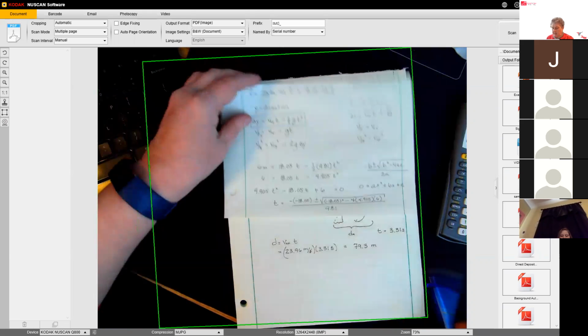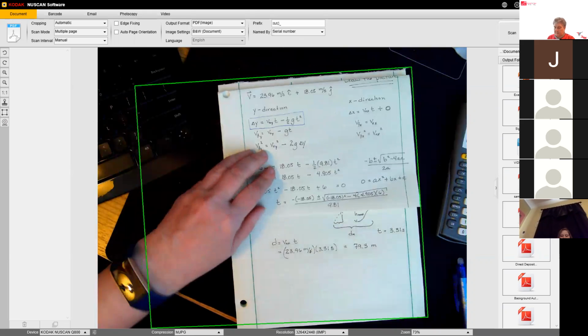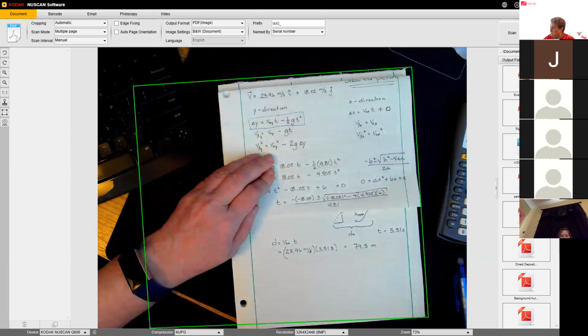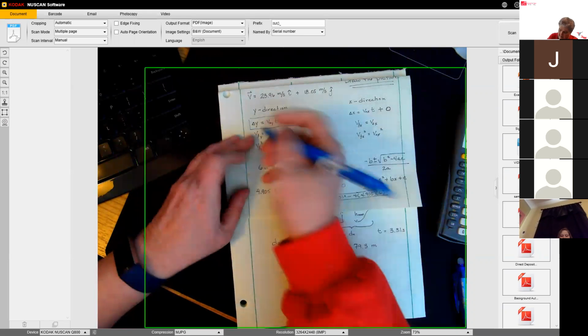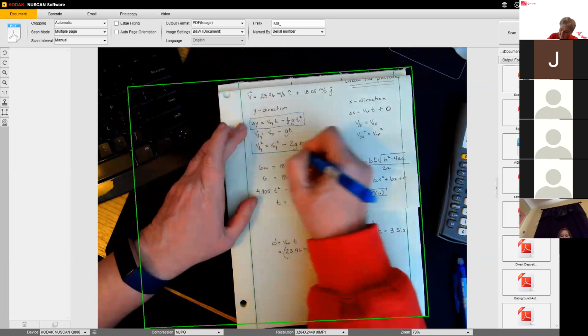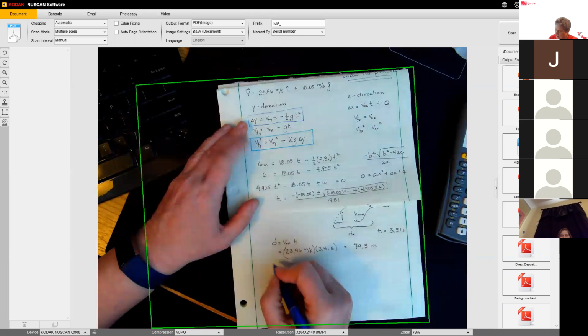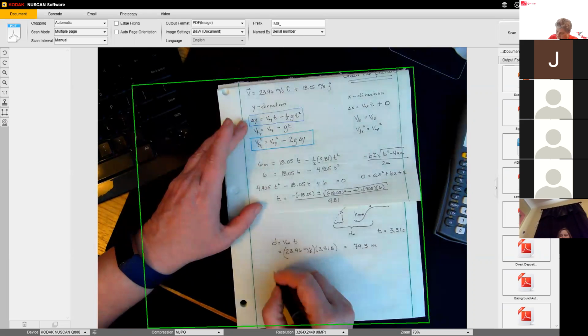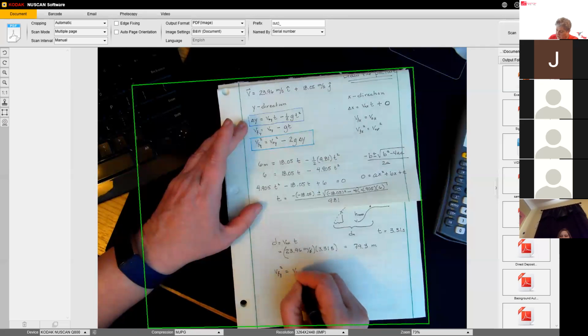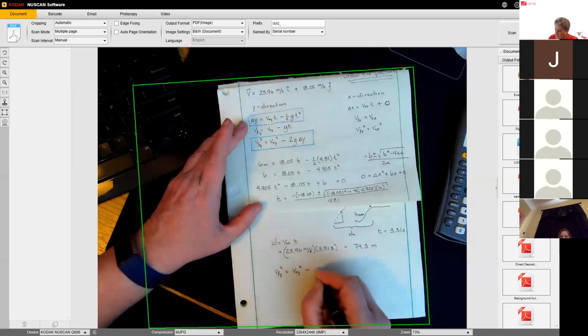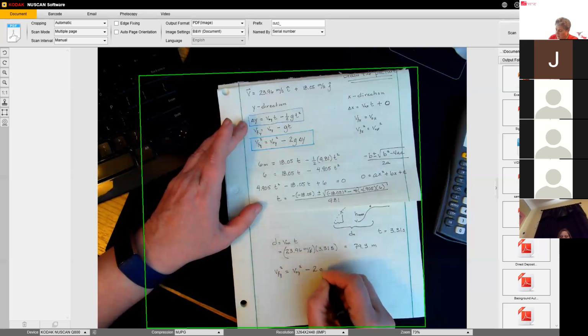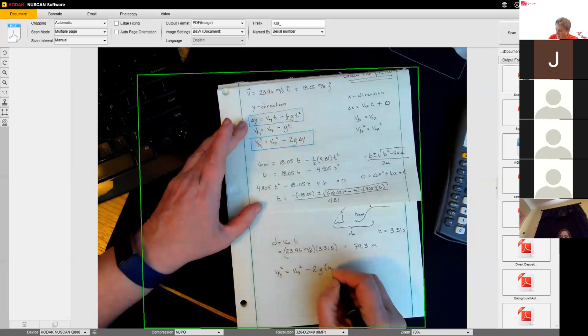In that case, I'm going to use, doing it a different color so we can keep track, this equation. And that says that my velocity final in the y direction squared is equal to my velocity initial in the y direction squared minus 2 times gravity times the height max.